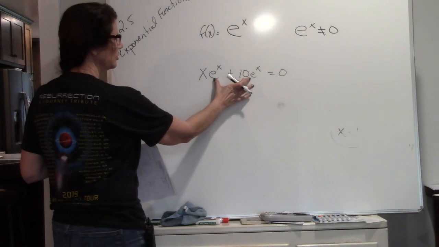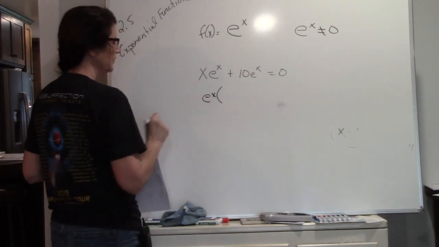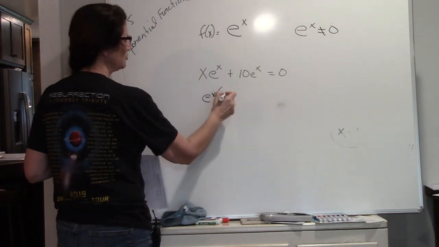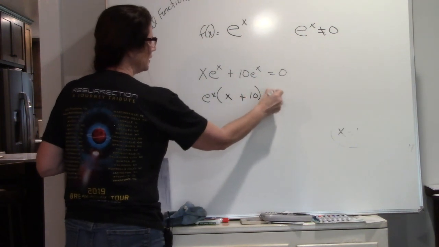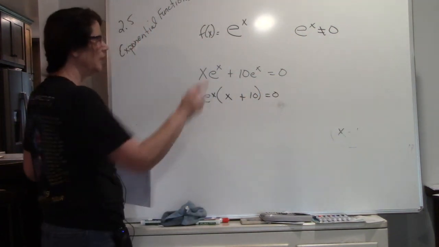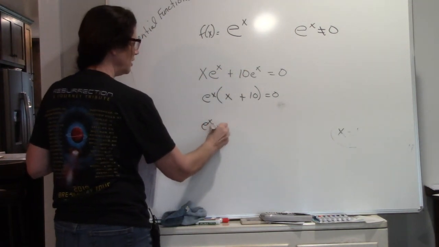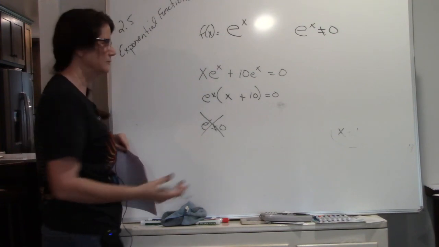So in this term, if you notice, e to the x is in common. So I'm factoring out my greatest common factor. What's left in this term is x. What's left in this term is 10. I'm still setting them to 0, but because of this rule right here, my e to the x cannot equal 0, so that is a moot point. It's an extraneous answer.